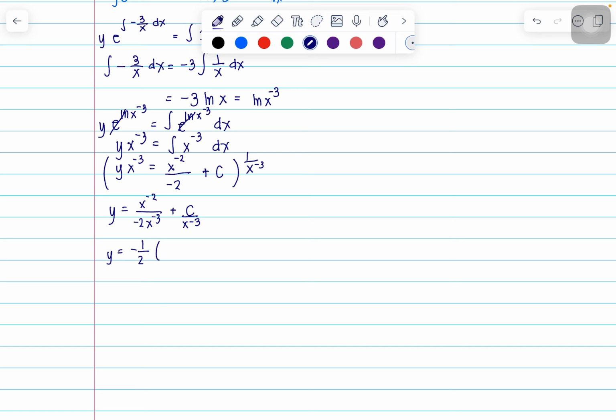So that is basically negative 1/2 times x to the negative 2 minus negative 3, which is x to the 1, plus c x cubed.